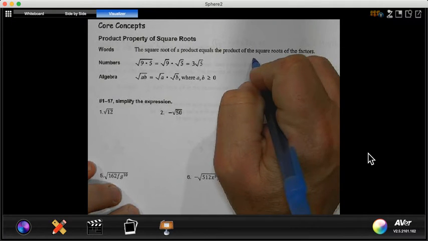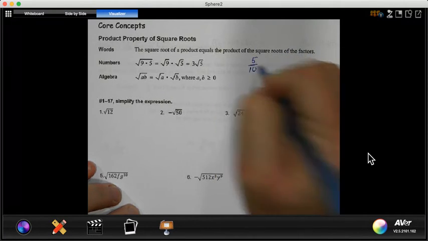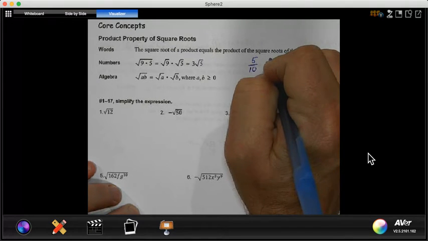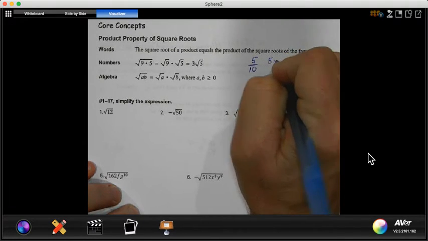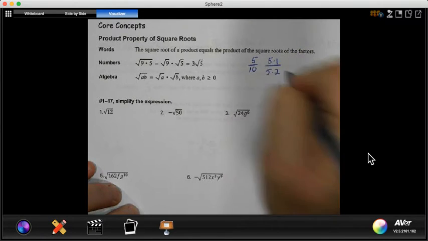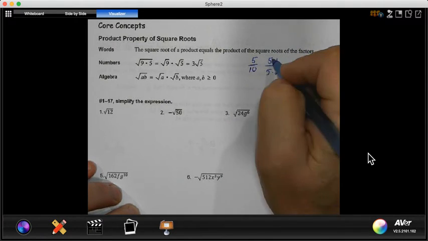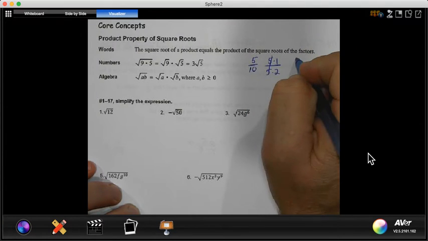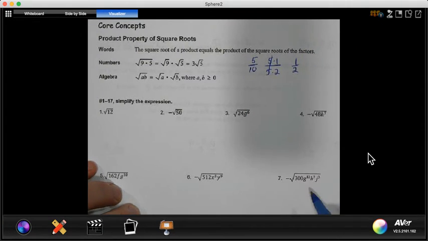So if I had the fraction 5/10, it's not in lowest terms, so I'm going to pull out and factor out 5. So that's 5 times 1, and then 5 times 2, the 5 cancels, and I'm left with 1/2. So we should know how to do that by now.